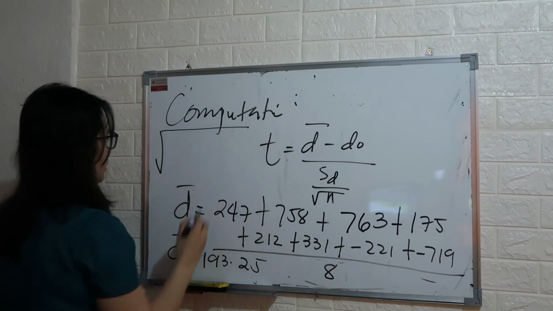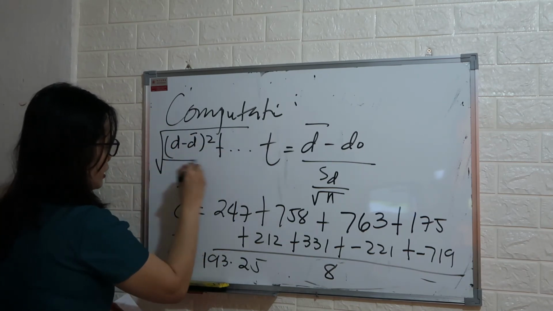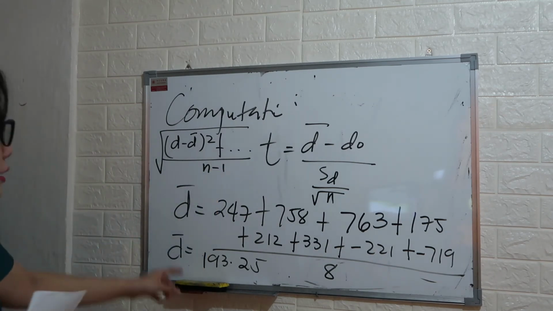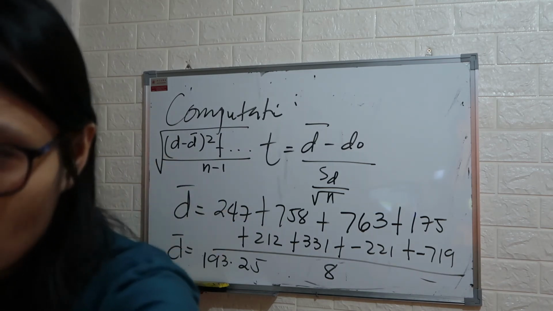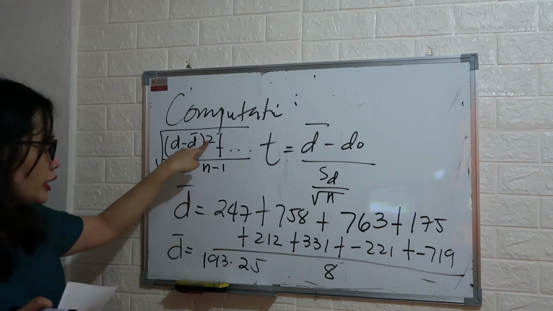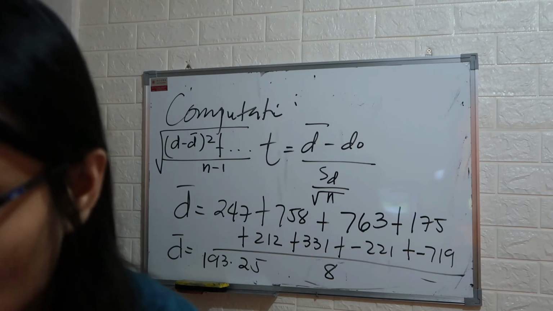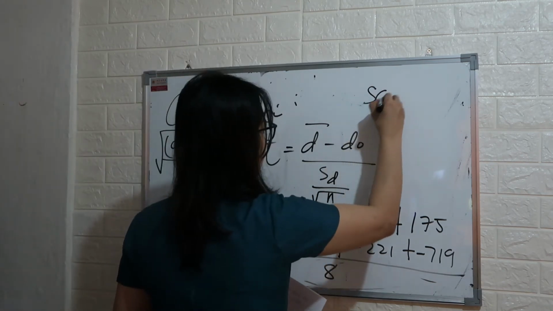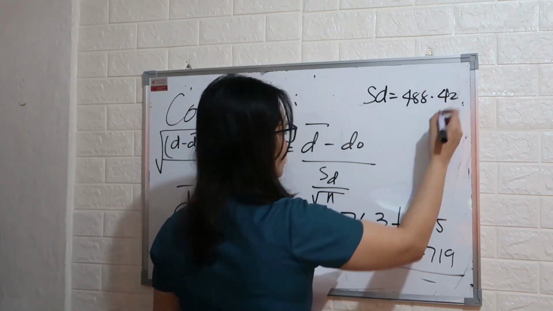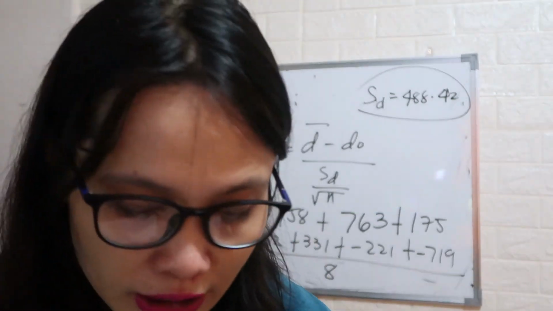So that will be the standard deviation of your difference. So your SD will be 488.42. S sub D, the standard deviation of the difference.